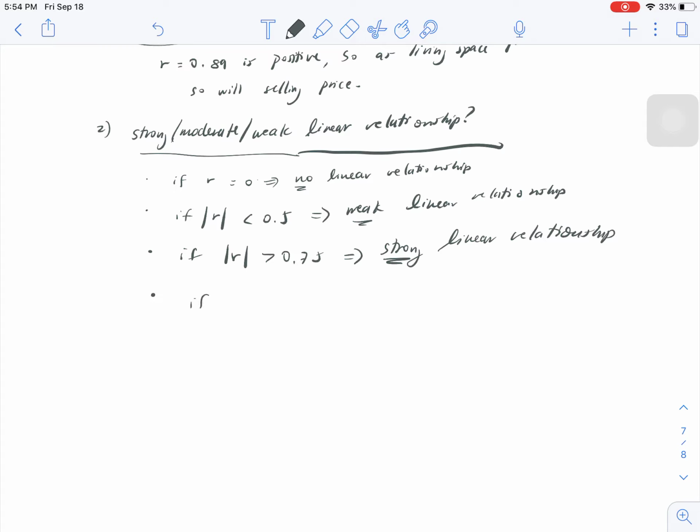And if the absolute value of r is between 0.5 and 0.75, we say that there's a moderate linear relationship.